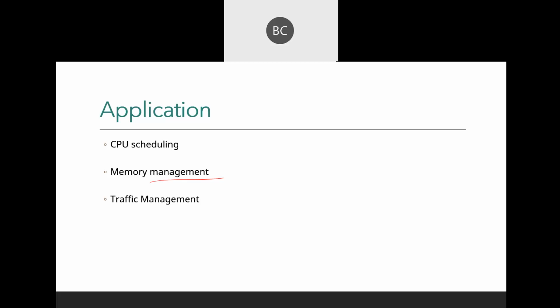There is a subject operating system in fourth or fifth semester. Then you will get to know how your OS works, and how queue and stack are used for different purposes.